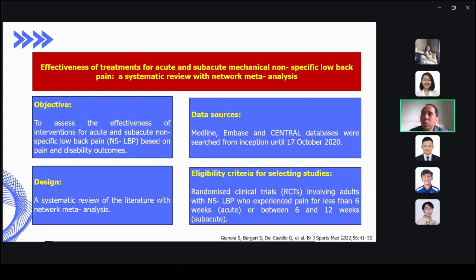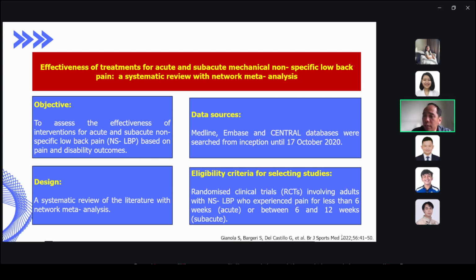So this is one of the studies na nakita ko from PubMed, yung pinaka-latest lang, no, na systematic review and meta-analysis of your muscle relaxants and management for your low back pain, which involves RCTs among patients with low back and non-specific low back pain who experience pain for less than 6 weeks. So acute siya.